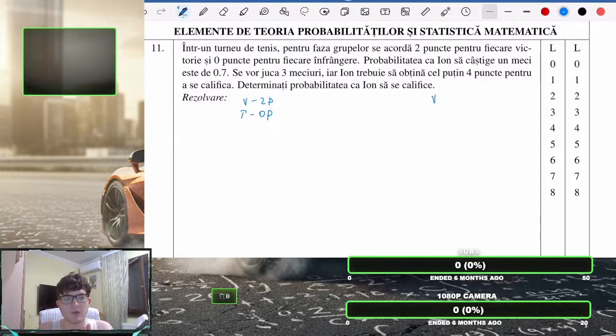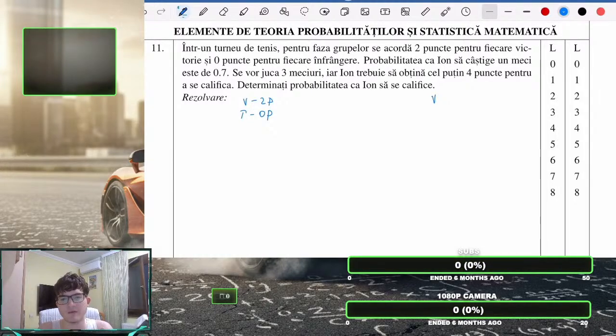So we've got this tennis tournament, and there are phases. For the phases of the groups, 2 points are being awarded for each victory, and 0 points for each loss.